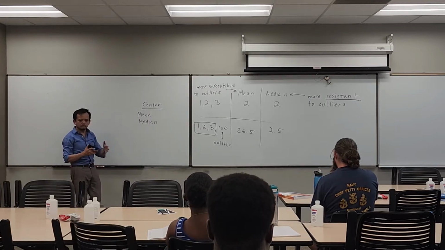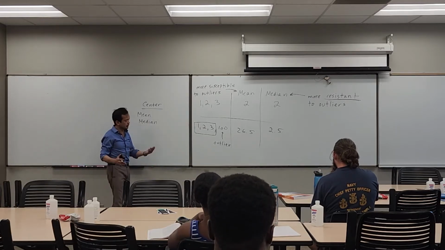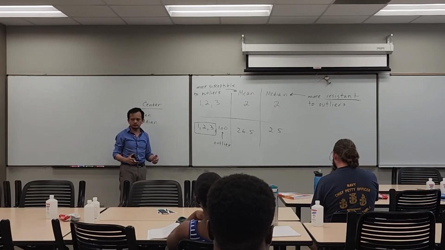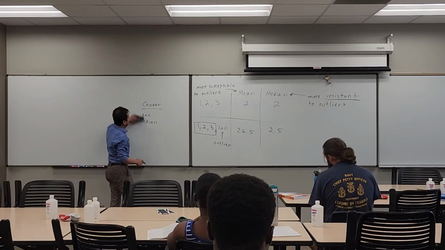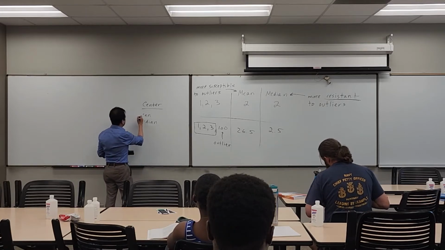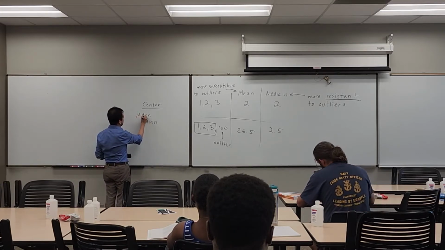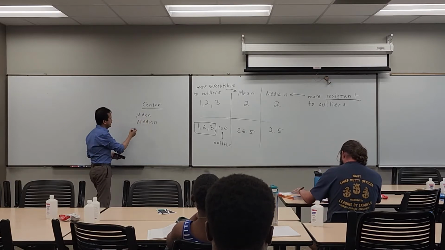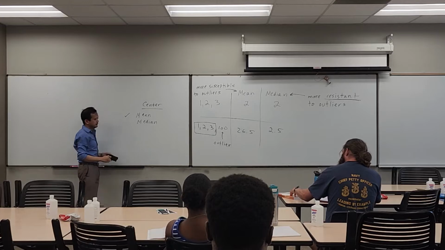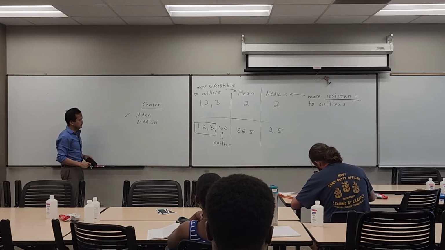But again, if you have a very large data set, then it doesn't matter which one you use. Okay, so that's the mean and the median as measures of center. And moving forward in this class, we're going to be using the mean to measure the center.